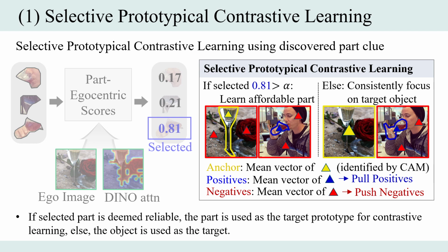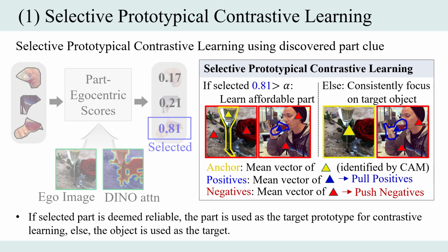By learning to increase the similarity between the egocentric anchor identified by CAM and the gathered exocentric part clues, the model learns to focus on affordable part-relevant regions in egocentric images.